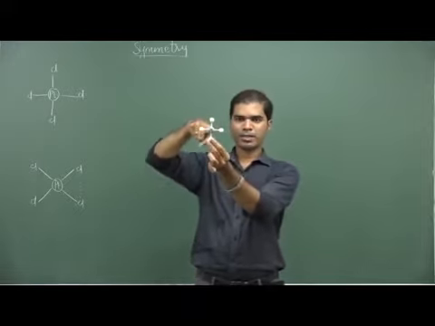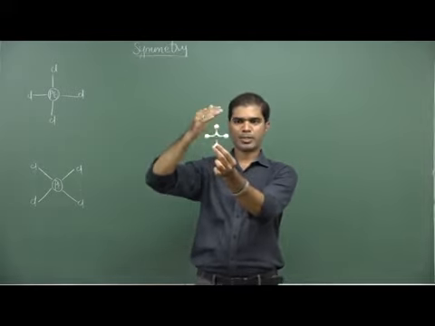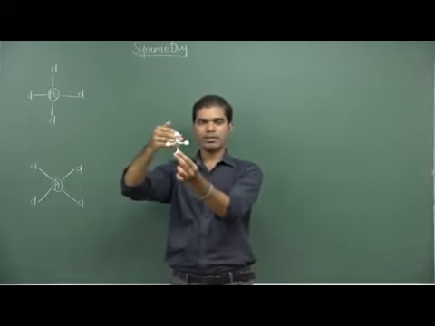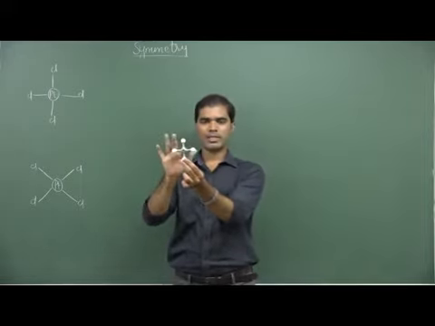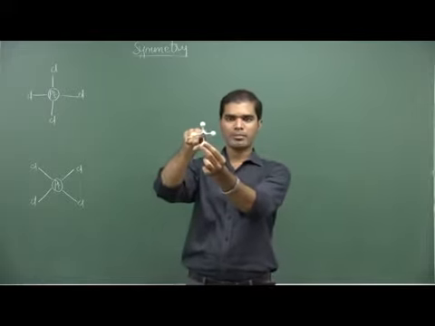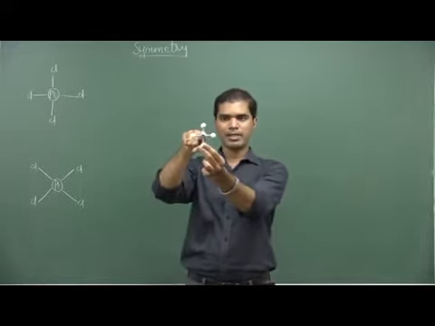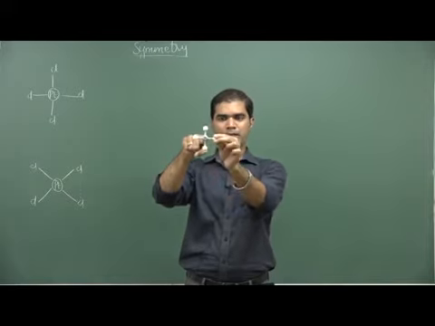There is a rotational axis passing through the center of platinum, because every symmetry element has to pass through the center of gravity. Every time we don't repeat center of gravity, we simply say center of the molecule. It is passing through the center of the molecule, which is the platinum center. Then I rotate by 90 degrees. I am getting an equivalent structure.